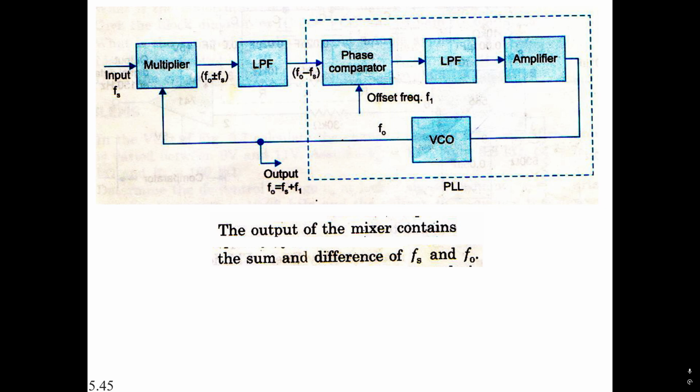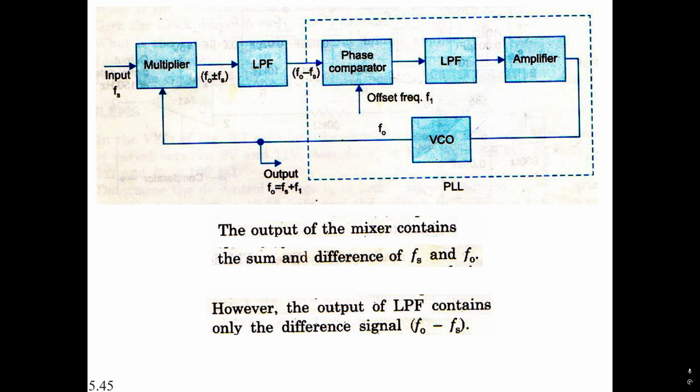The output of the mixer contains the sum and difference of F0 and Fs. However, the output of the low pass filter, LPF, contains only the difference signal F0 minus Fs.